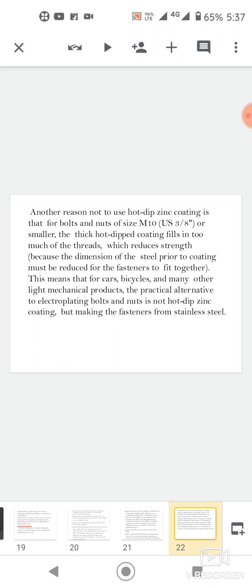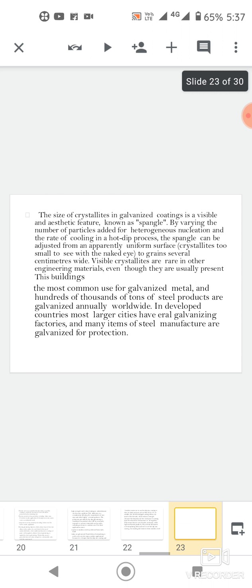This means that for cars, automobile parts, vehicles, and many other light mechanical products, the practical alternative to electroplating bolts and nuts is not hot dip zinc coating but making the fastener from stainless steel.